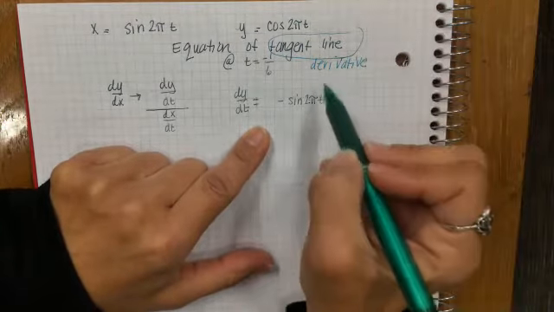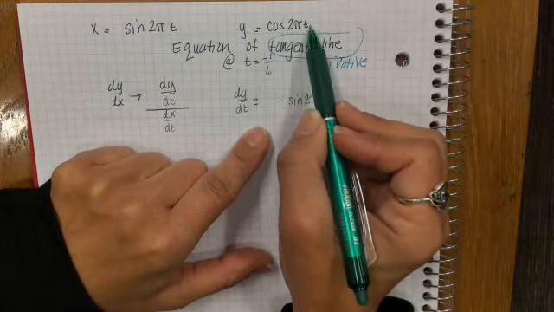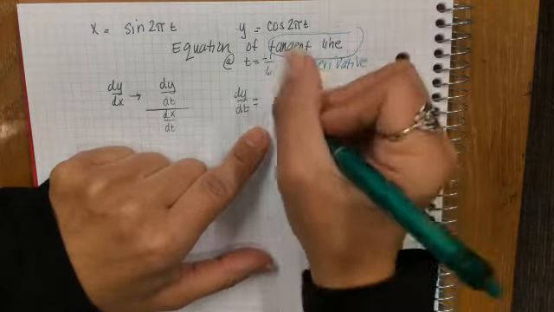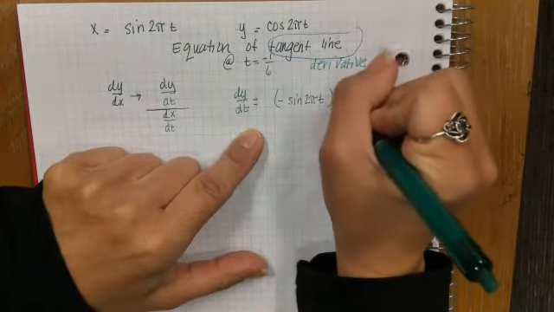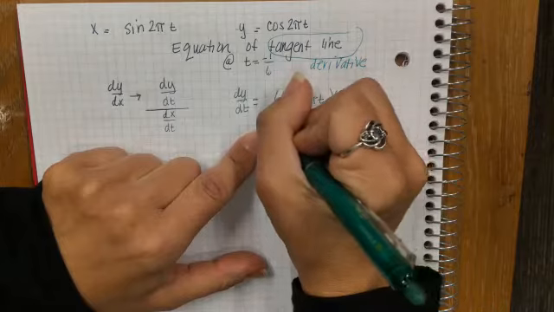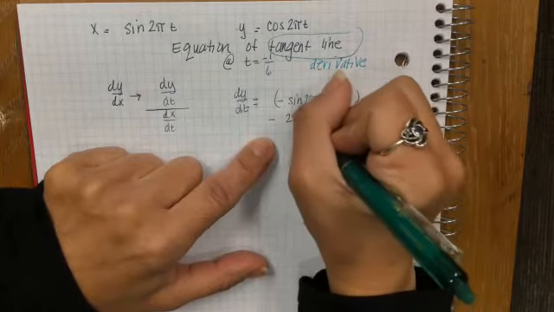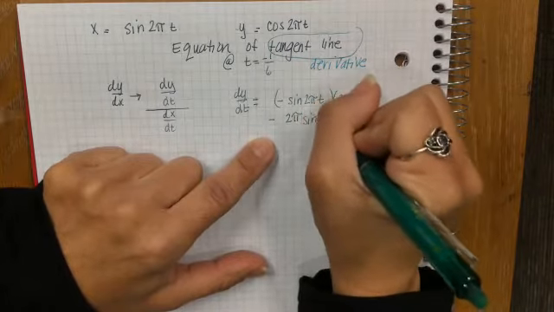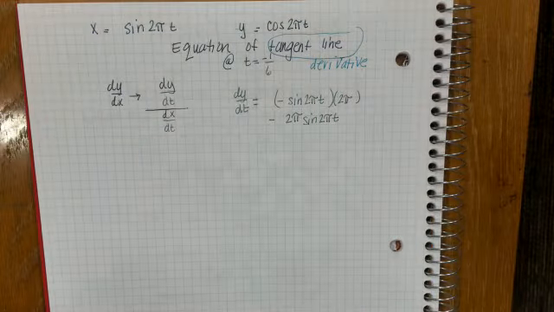Then the derivative of 2 pi t is 2 pi. So this is going to end up being negative 2 pi sine 2 pi t. Take a look at that.